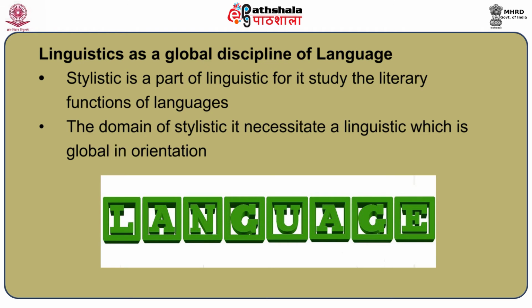If linguistics is defined in the narrow sense as the discipline that studies sentence-level language structures with the denotative meaning in the focus, then the domain of stylistics becomes narrowed down to applied linguistics. The domain of stylistics, as we envisage, necessitates a linguistics which is global in orientation and which studies not only the structure but also the functions and uses of language.